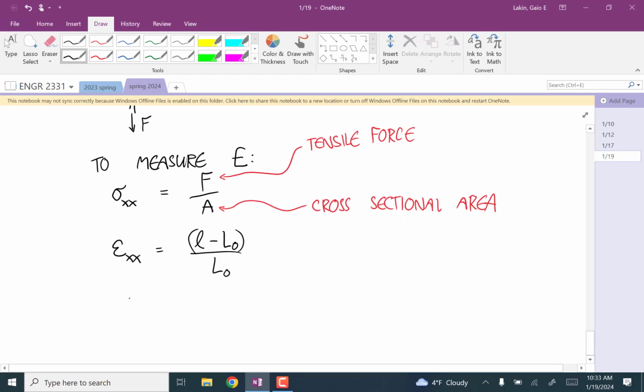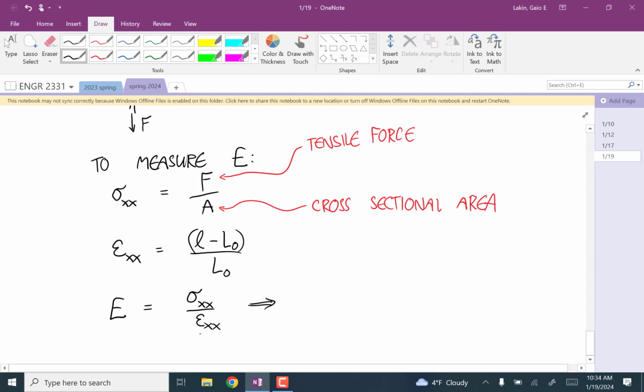Once you've measured those two things, the stiffness is just the stress divided by the strain. This stress is going to be in the millions, and you're dividing by something that's maybe a millionth, so you're going to get a huge number.